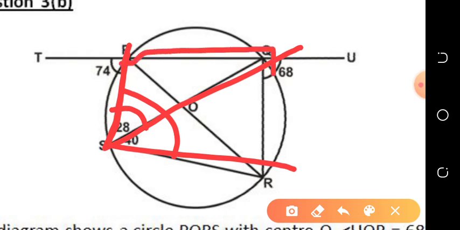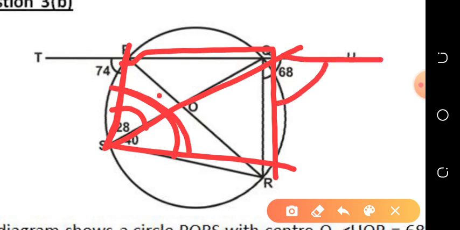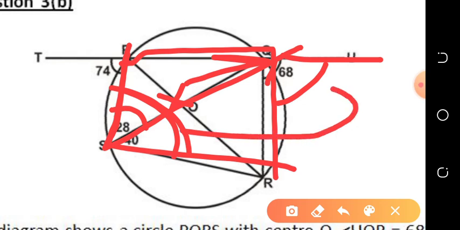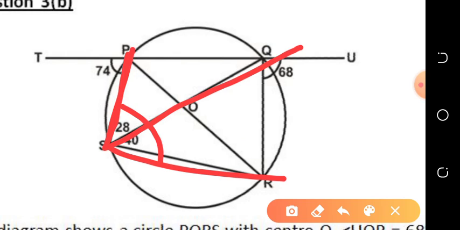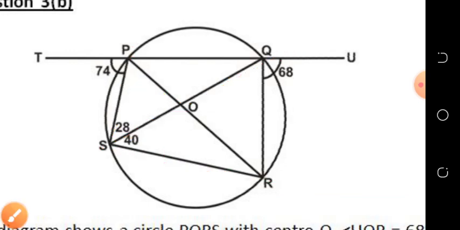This angle here is the same as this other exterior angle, because the interior angle of a cyclic quadrilateral is equal to its opposite exterior angle. So you have 68 there. If the whole of this angle is 68 and part of it is 40, to find this part, it is 68 minus 40, so you have 28 there.